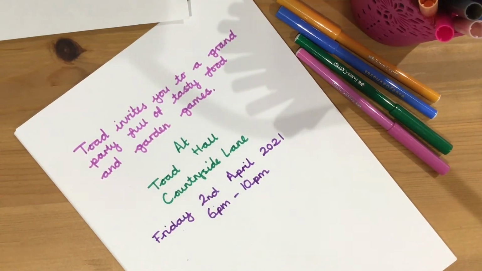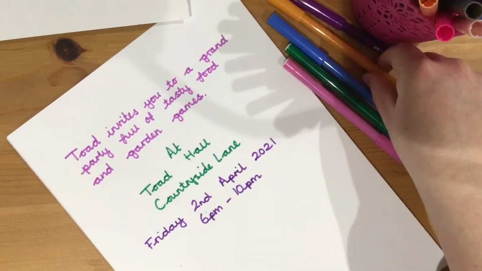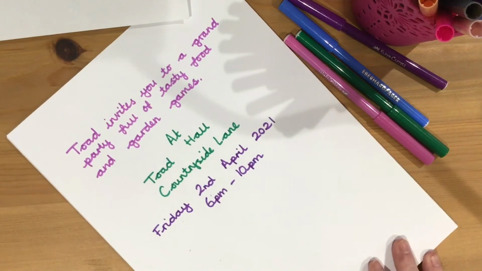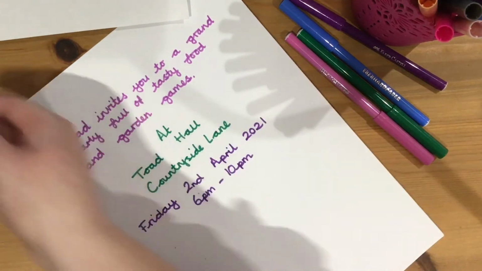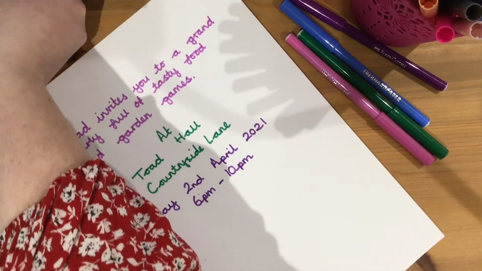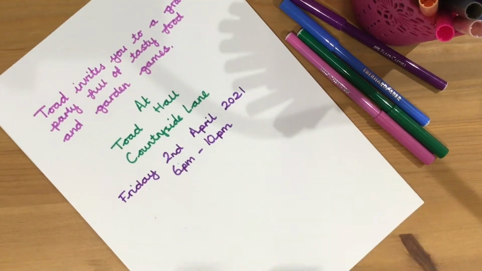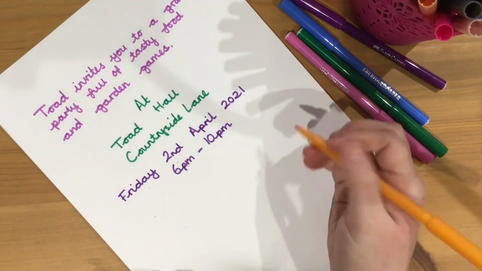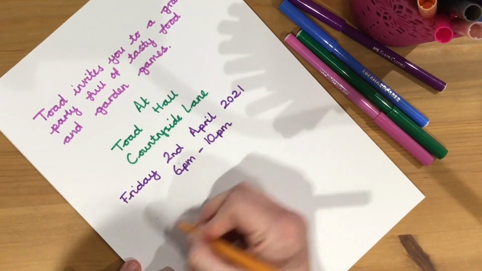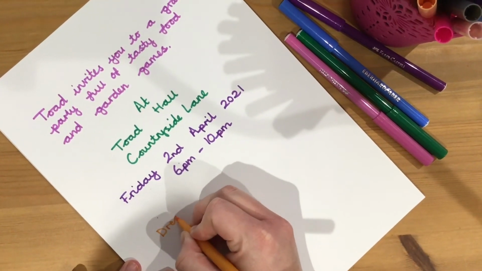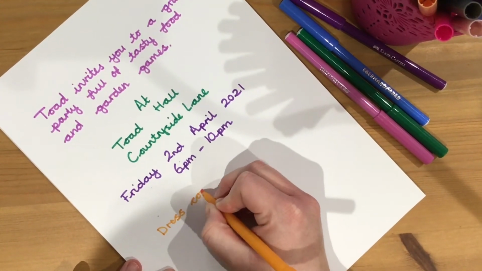Now, a lot of parties have a dress code, especially if it's fancy dress. So I might want to let my guests know what they can wear. Just going to make some more room so you can definitely see my invitation. Okay, so I'm going to write dress code.